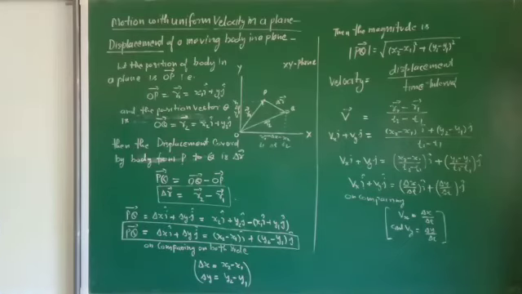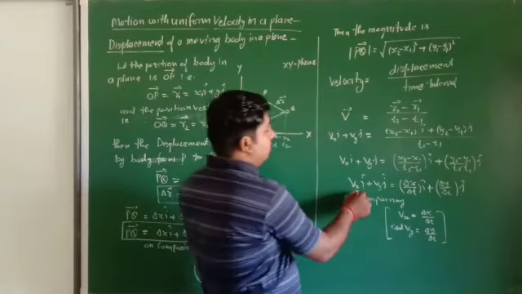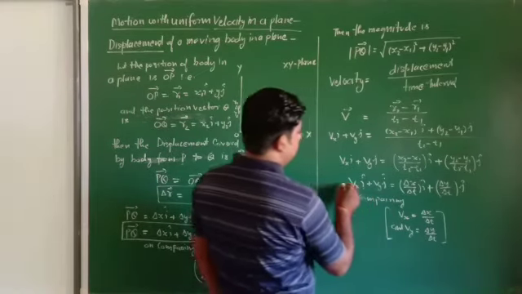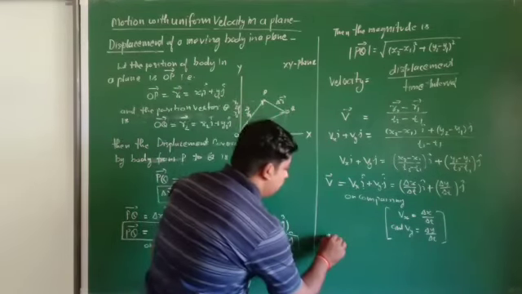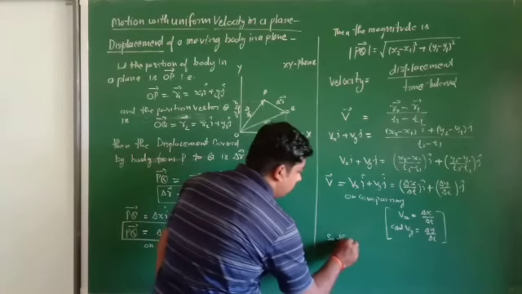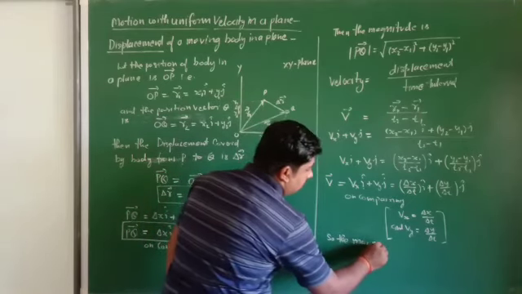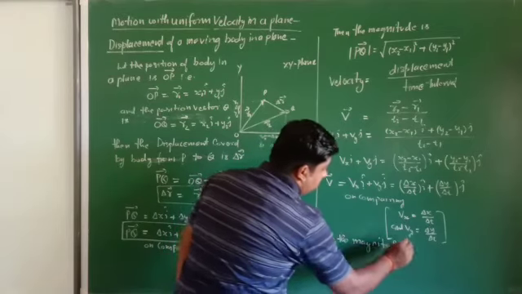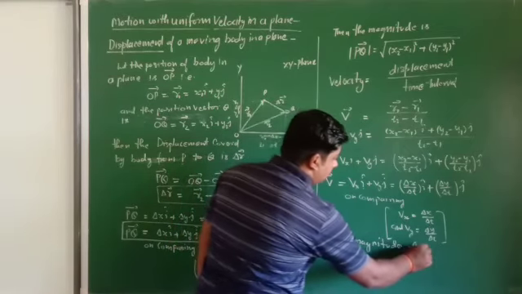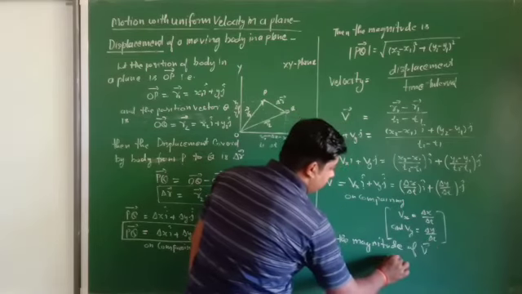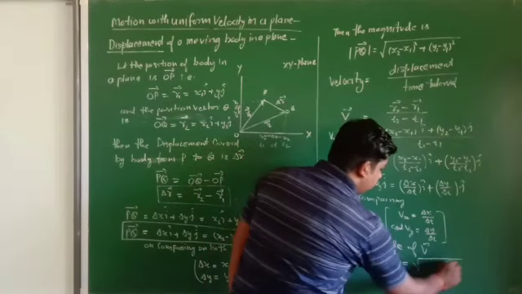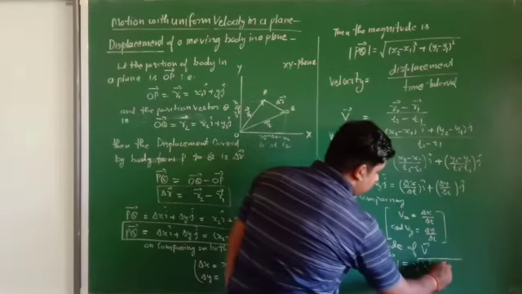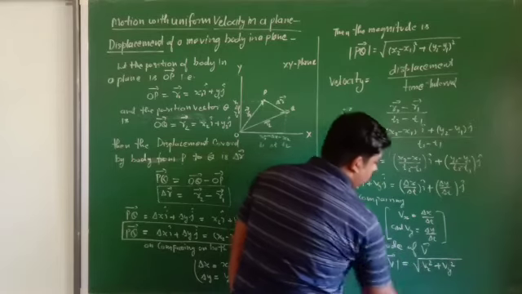Okay. Now if we consider the magnitude of this velocity, because it is the velocity vector v, the magnitude of vector v is defined as under root vx square plus vy square.